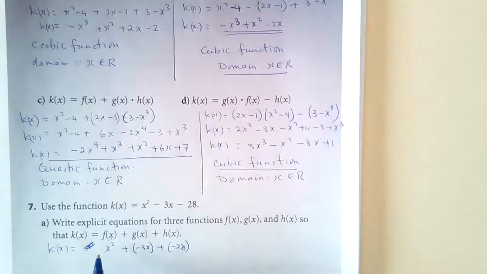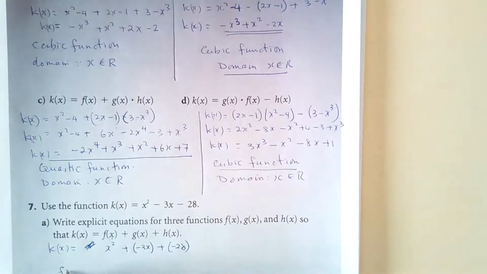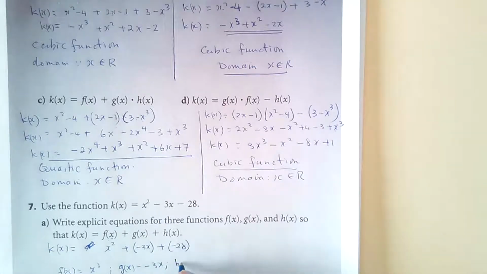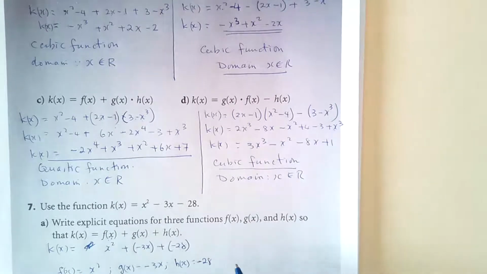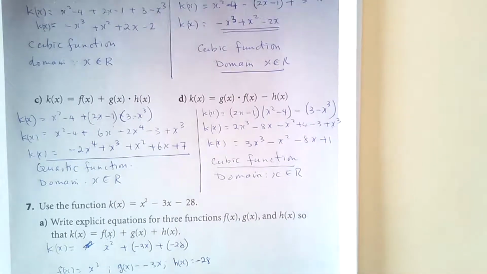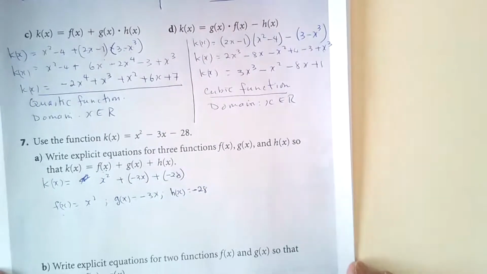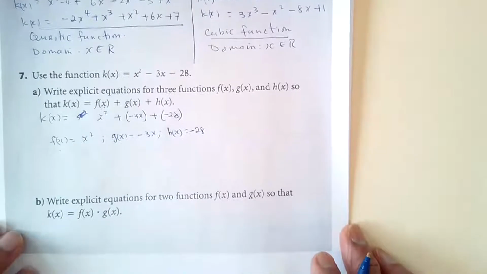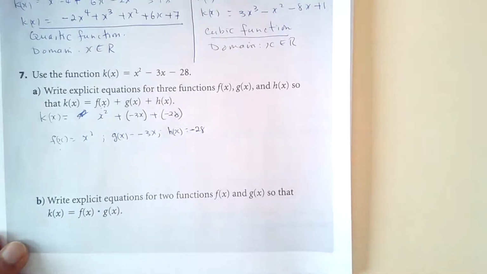So here we have our f of x is equal to x squared, g of x is equal to negative 3x, and our h of x equals negative 28.